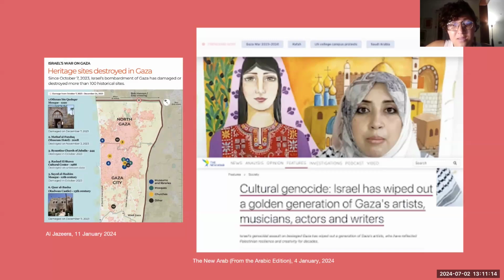What has been happening in Gaza is the direct targeting of archives and libraries, and also artists, scholars and academics.